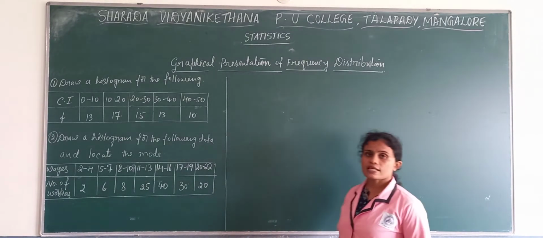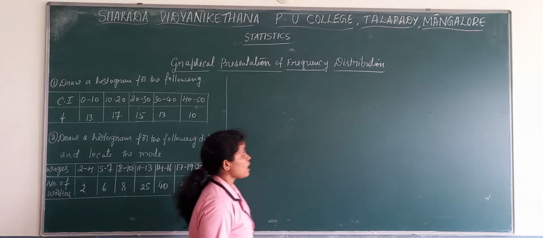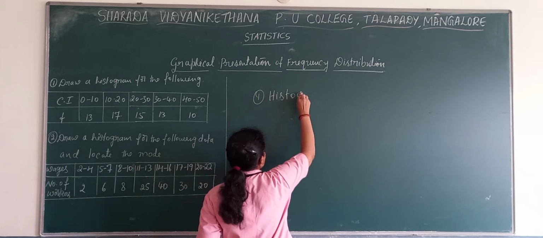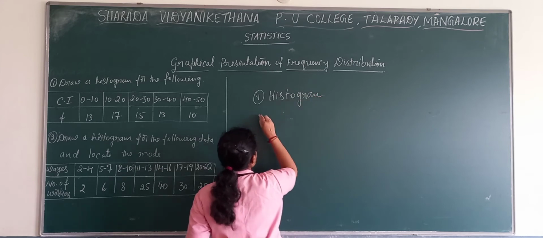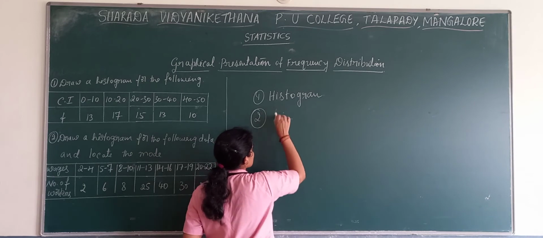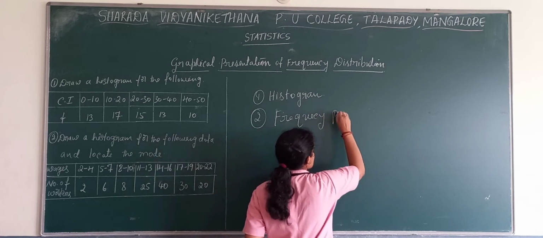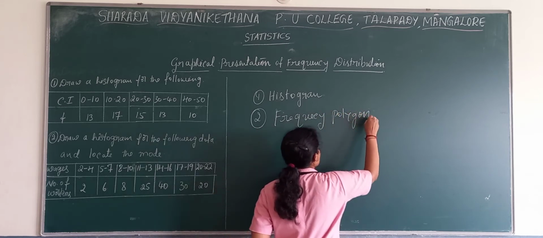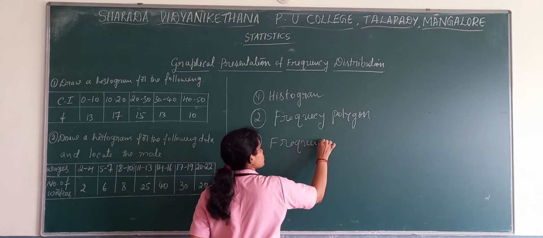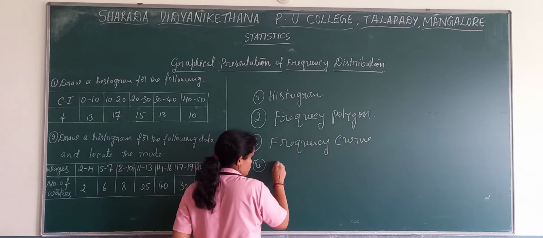There are many ways to present a frequency distribution in the form of a graph. The first one is the histogram. Then comes the frequency polygon, then the frequency curve, and the last one, ogives.